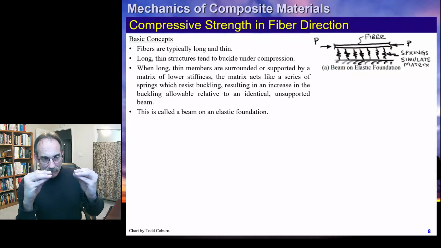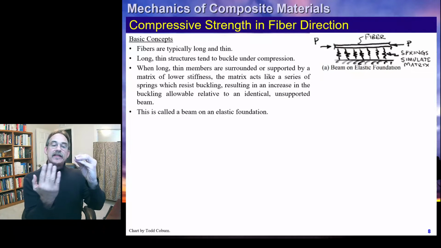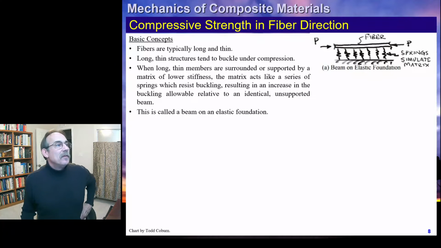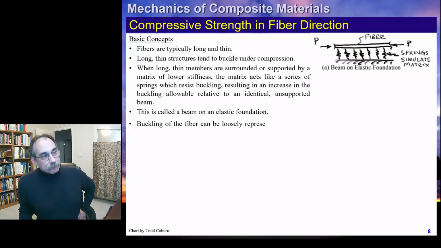It's a beam because it's resisting compression by its bending stiffness, and yet the thing that's resisting it in between the supports is all this material that has an elastic modulus. It has a stiffness that's resisting that motion and helping to resist buckling. That's what we're looking at, and this is a little model of how that might look.